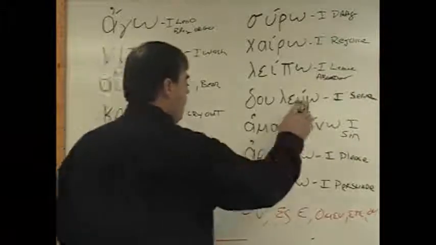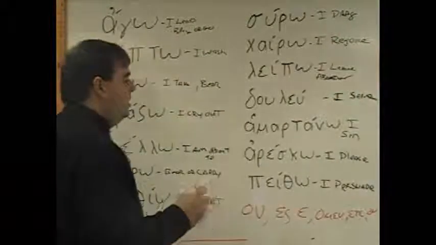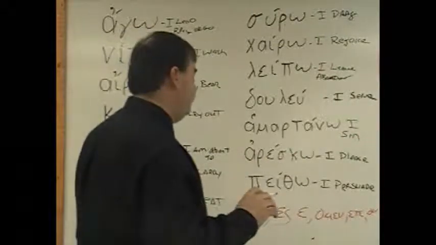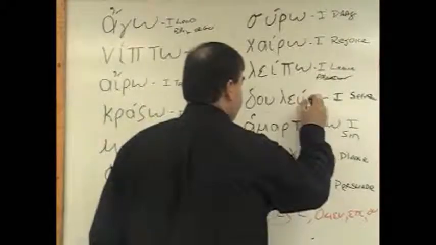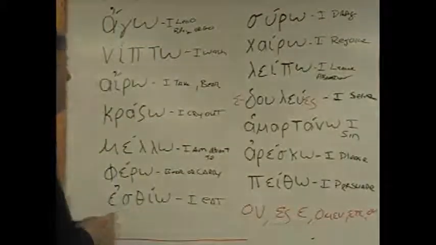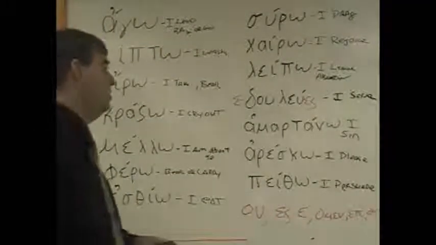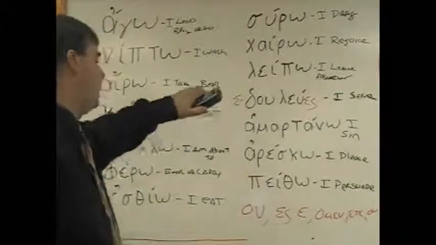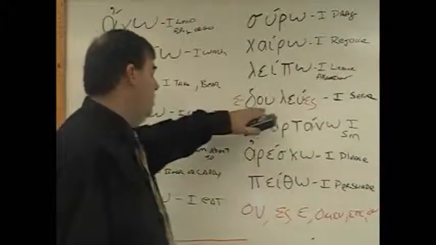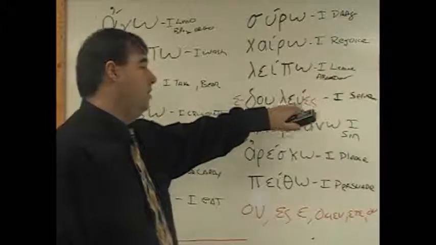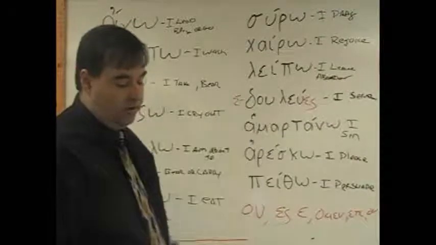Let's change this to an imperfect active second person indicative. So that would be this one right here, es. So it would be edouleues. Edouleues. That would tell us, second person, you were serving. You were serving.